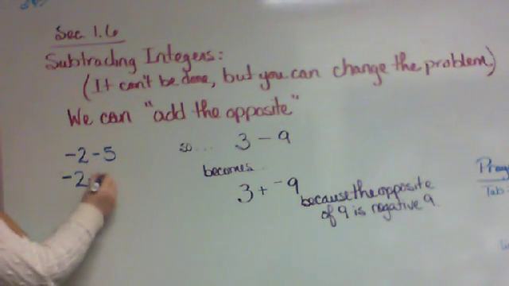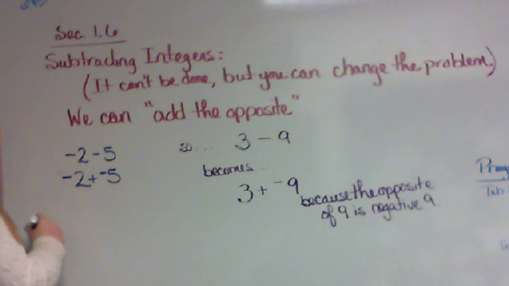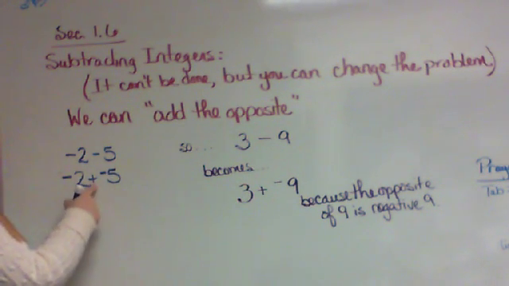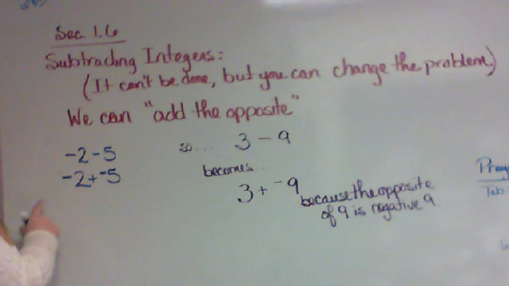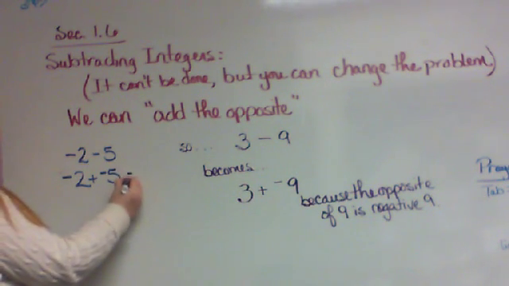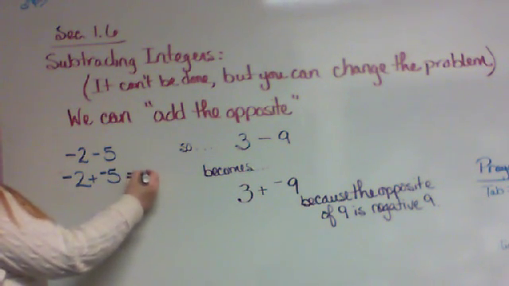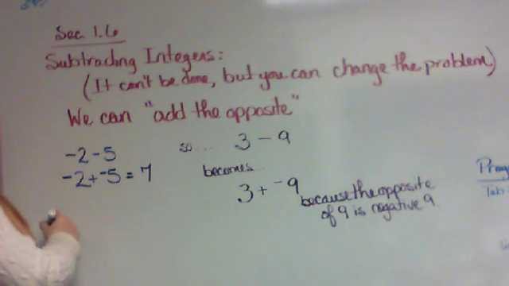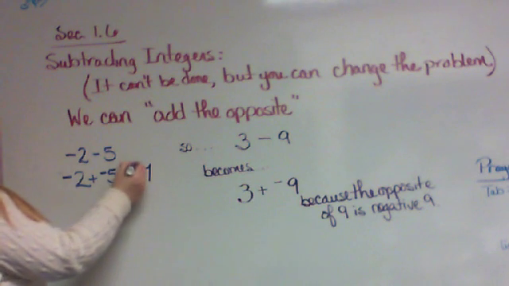What's the opposite of 5? Negative 5. Now that it's a plus problem, that means I can do my rules from yesterday. So like signs means we add the two numbers together and we get a positive 7. Negative 7. Just making sure you're listening.